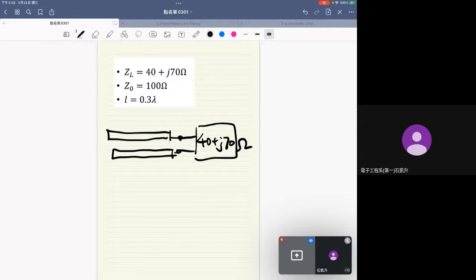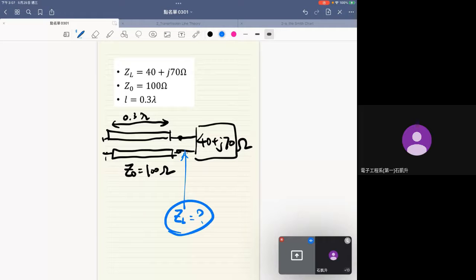The transmission line has characteristic impedance Z0 equal to 100 ohm. The length of the transmission line is 0.3 lambda. So what is the beginning ZL? Show me this one on your Smith chart.